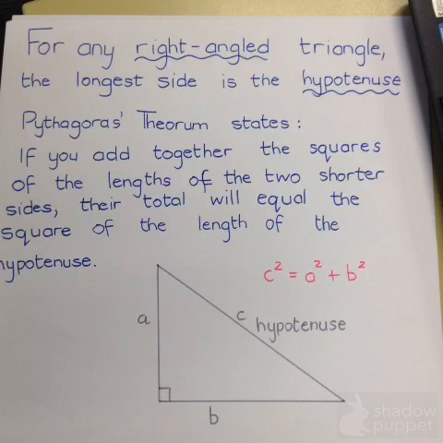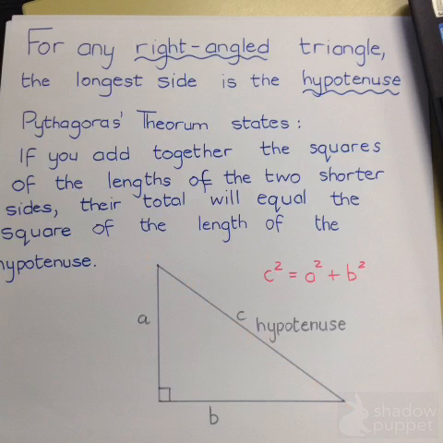Now, Pythagoras' theorem says, for any right-angled triangle, the longest side is the hypotenuse. Now, you should know that already, so this side here of a triangle is the hypotenuse.